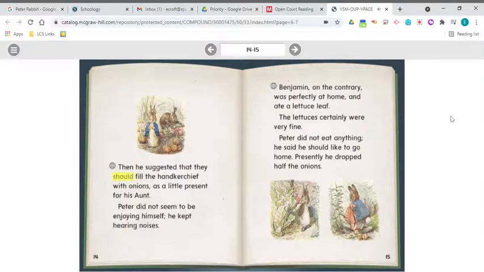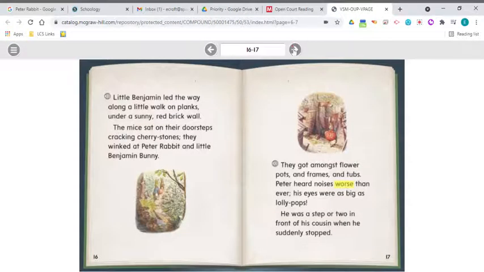Should. Okay, should is meant to say that something is a good idea. In this case, I think that Benjamin thinks that it's a good idea that they should fill their handkerchief with onions as a present for the aunt.